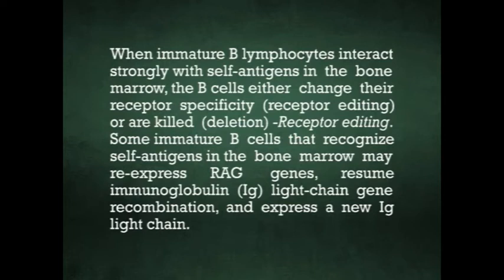Receptor editing. Some immature B cells that recognize self-antigens in the bone marrow may re-express RAG genes, resume immunoglobulin Ig light chain gene recombination, and express a new Ig light chain.